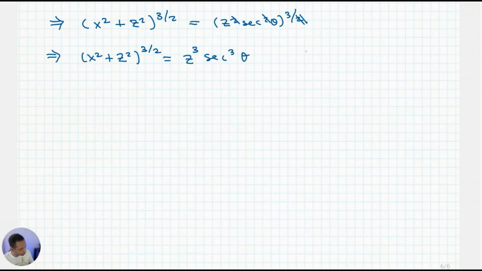Now we will substitute this expression into the original integral.